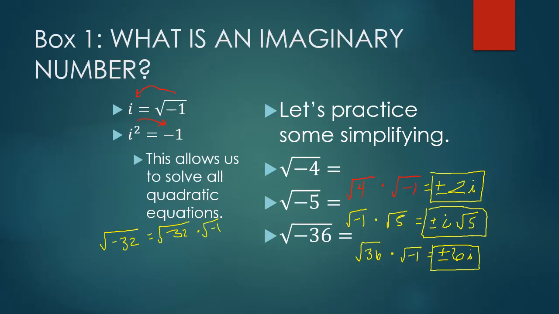The square root of 32 simplifies to 4 square root of 2. So notice this would still be i, so we come down to plus or minus 4i square root of 2. It does not stay underneath the radical, it joins the value on the outside. So that would be my imaginary.